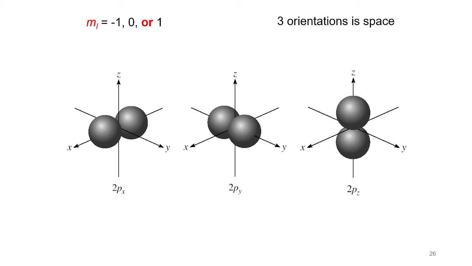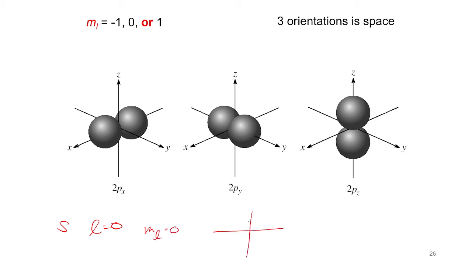So, how about S? Since S, or L equal to 0, is just 0, its M sub L is just equal to 0, meaning to say it only has one orientation.